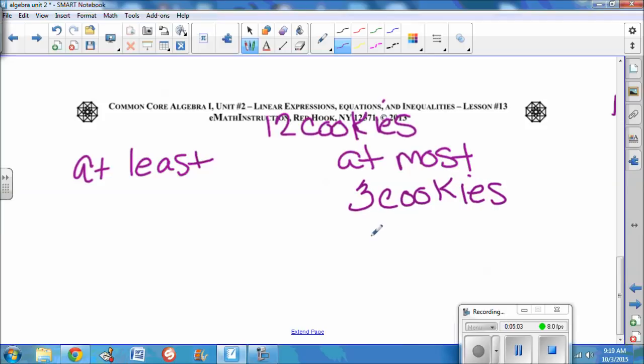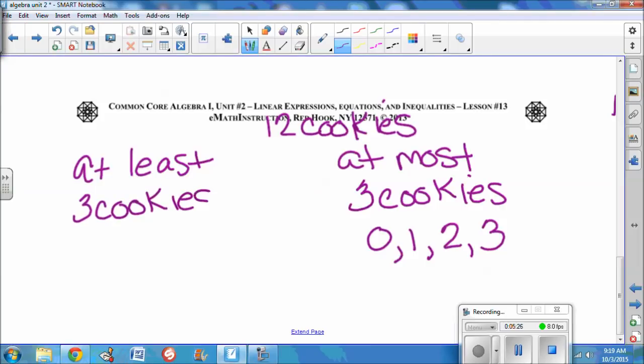That means you could say, okay, fine, I don't want any cookies. Maybe I just want one cookie. Maybe I want two cookies. Maybe I'm going to go with the max, at most 3 cookies. So what if she's feeling so generous and says you can have at least 3 cookies. At least 3 cookies.